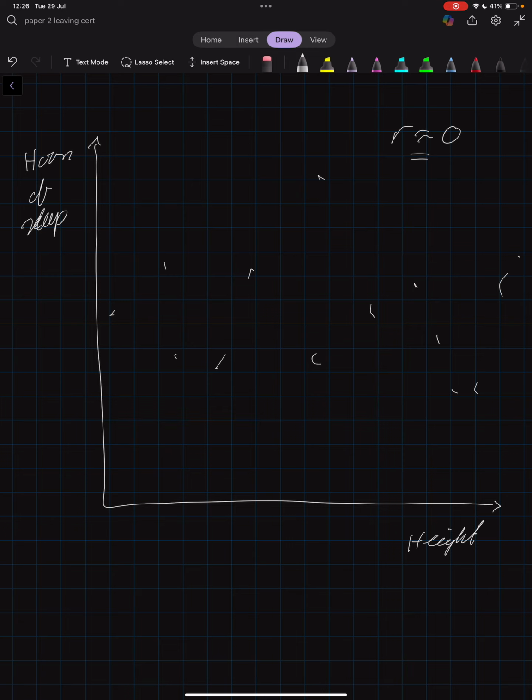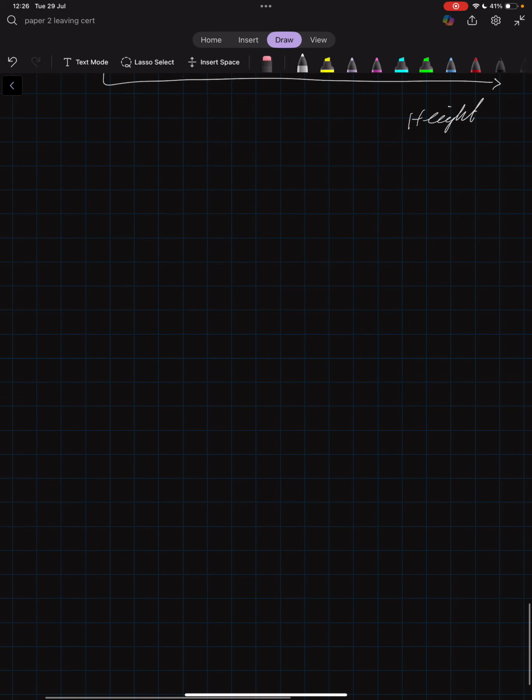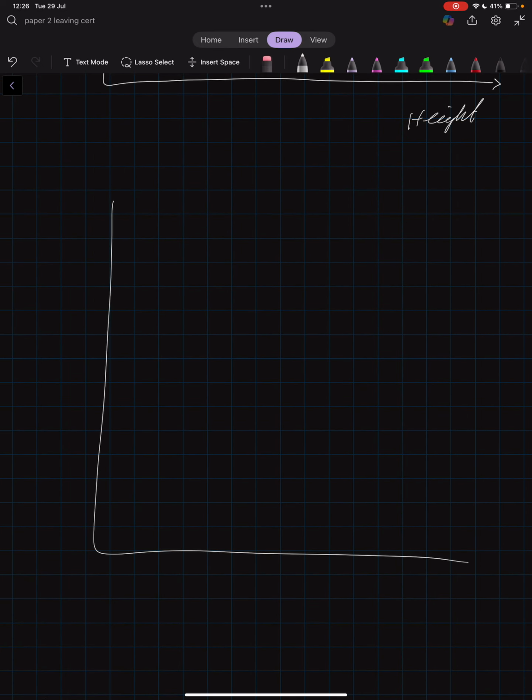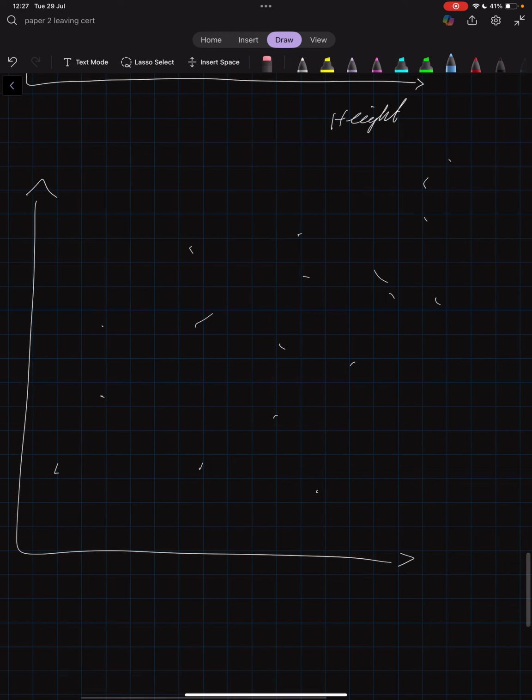So that's basically all the correlation coefficient is. And they could ask you on the data, okay, what you expect R to be. So you'd expect something like, say this. So this would have quite a weak correlation.